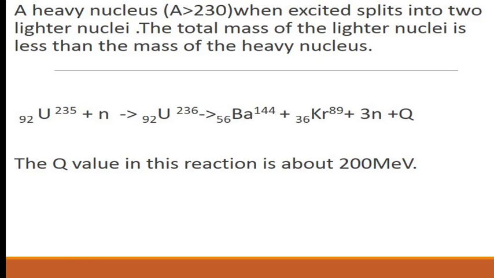And one of the methods to release that energy is nuclear fission. So the uranium 92-236 can undergo nuclear fission with a release of 200 MeV energy.